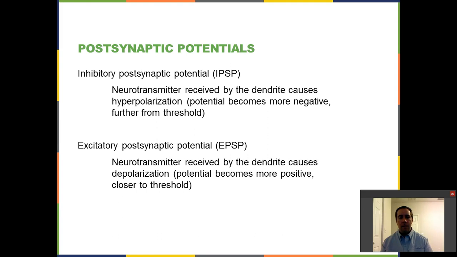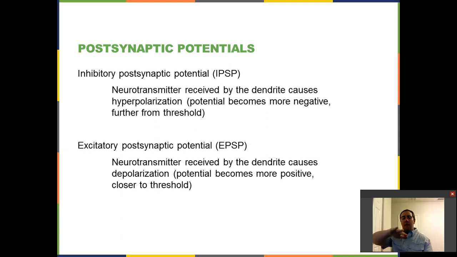I think you were going to say sodium comes in. So ligand-gated channel opens, sodium comes in. Sodium has what charge? Positive. And so that causes our voltage to start to come up.